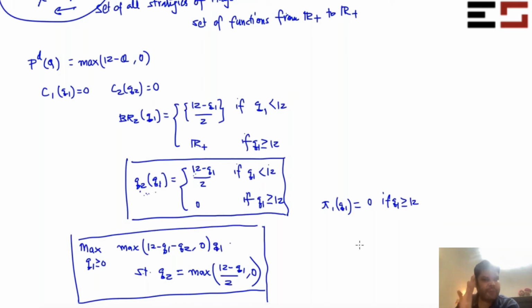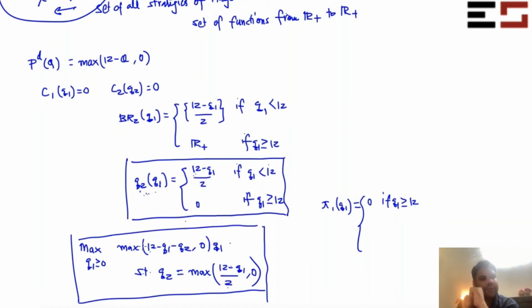So definitely I'm not going to choose that because I can do better. How can I do better? Well, I can choose Q1 less than 12. If I choose Q1 less than 12, then player 2 will choose 12 minus Q1 by 2. Then 12 minus Q1 minus 12 minus Q1 by 2 will be 12 minus Q1 by 2.